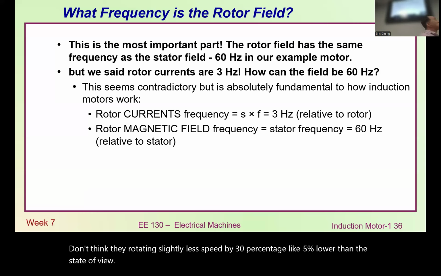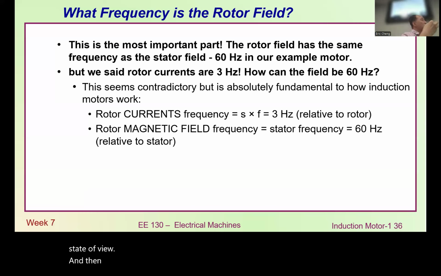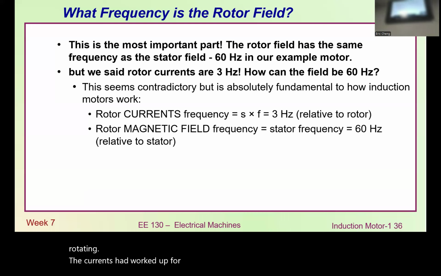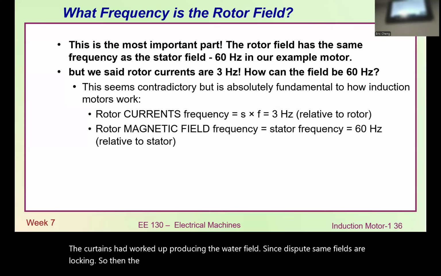The current inside the rotor also produces a rotating field. Since this same field is locking, the only current inside the rotor must be the difference between the two frequencies.